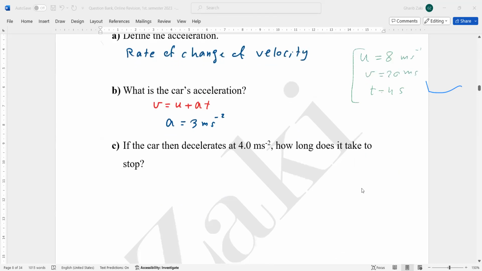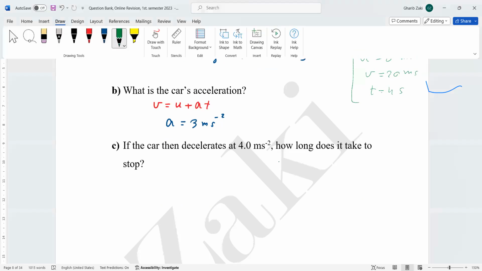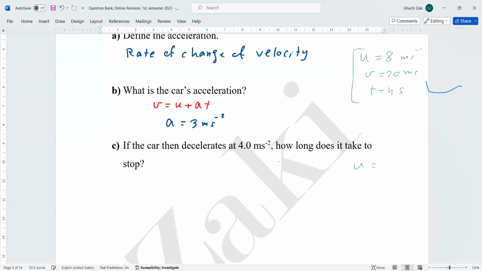Now, part C. If the car then decelerates at 4, how long does it take to stop? What are the givens in this part? The initial velocity will be the final velocity from the beginning, 20 meters per second. To stop means the final velocity equals 0. Deceleration means a equals negative 4 meters per second squared.